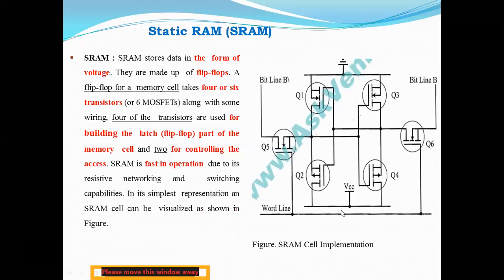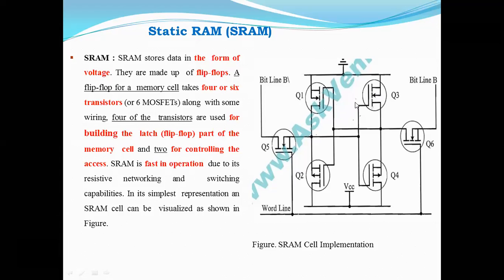You can see here, this is a static RAM. What is a static RAM? What is the concept used in static RAM to store the data? On the right hand corner, you can see these are the transistors. Transistors are also used as a storage device. They act as flip-flops here.